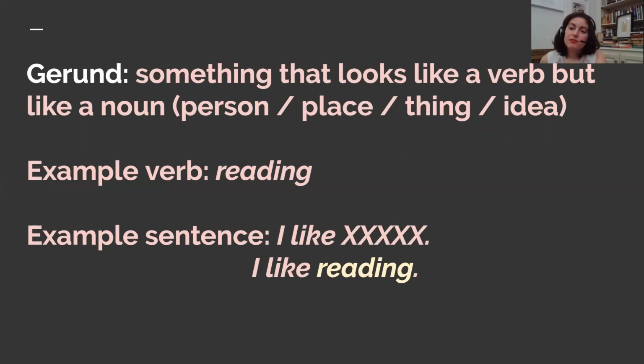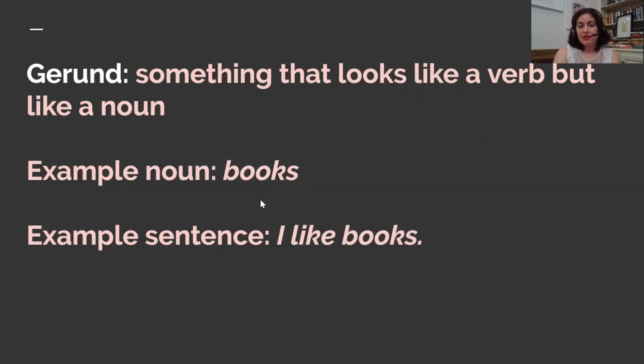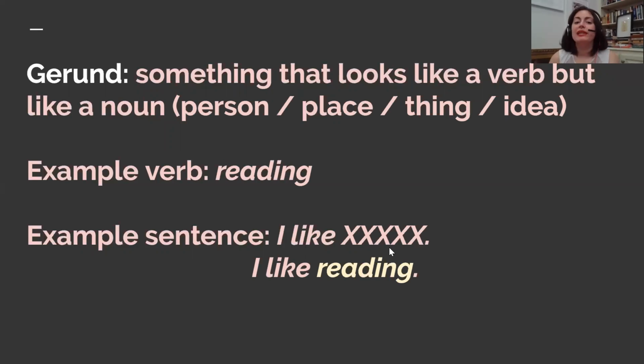Now, we can take that same sentence and replace the noun. Let's just X it out, and we'll replace it with a word that looks like a verb. Reading. And a noun is a person, place, thing, or idea.